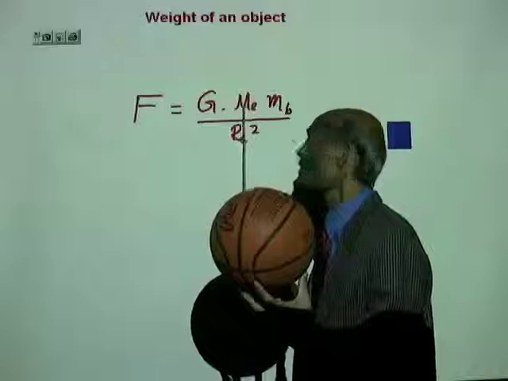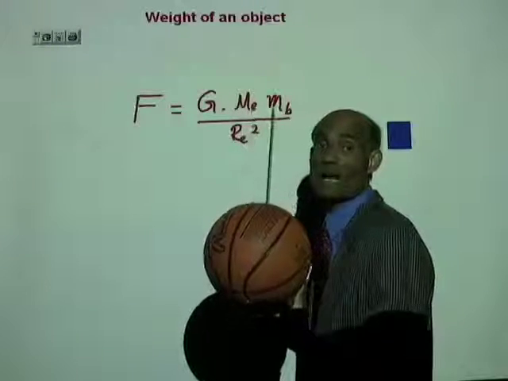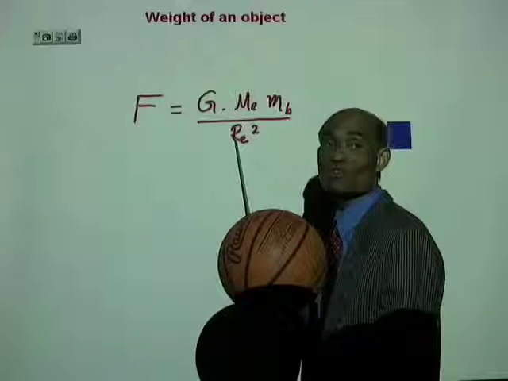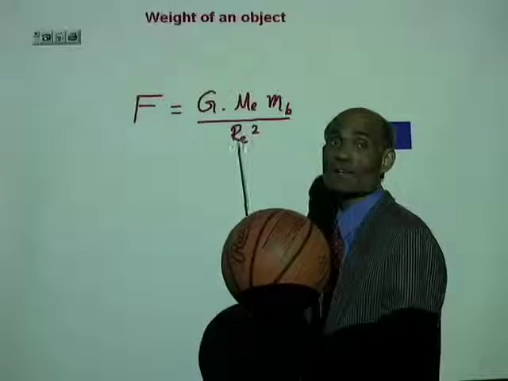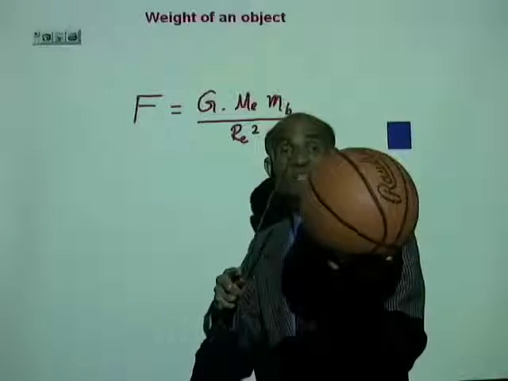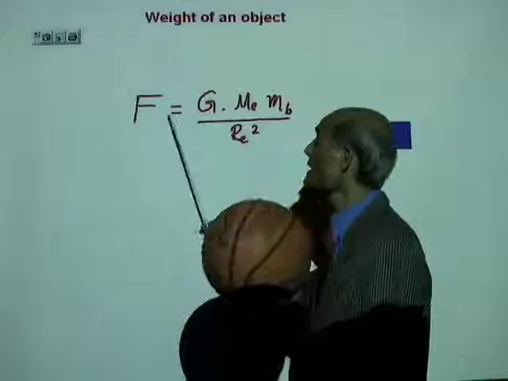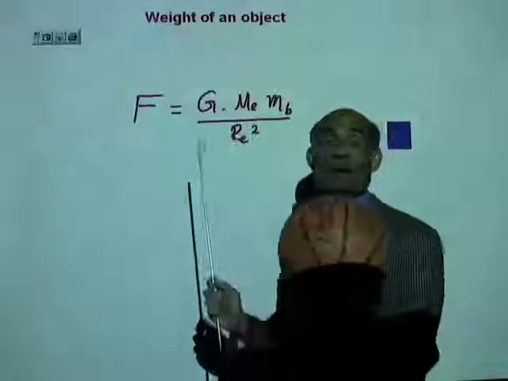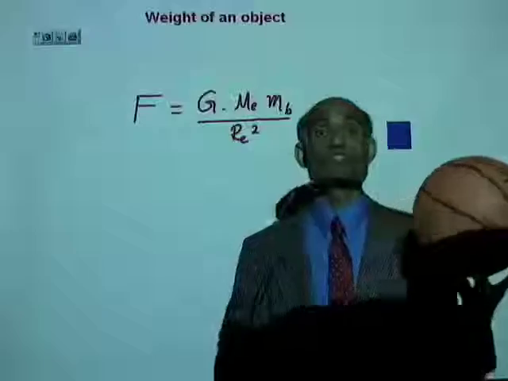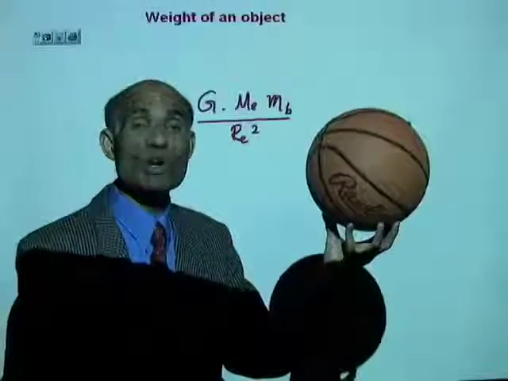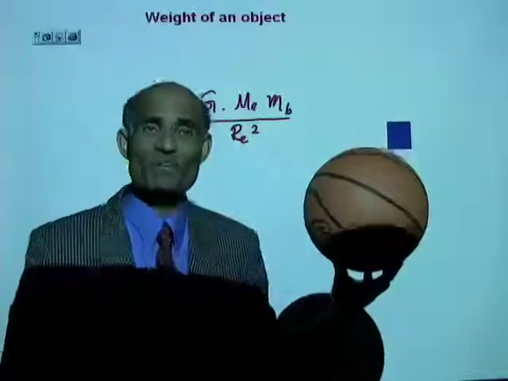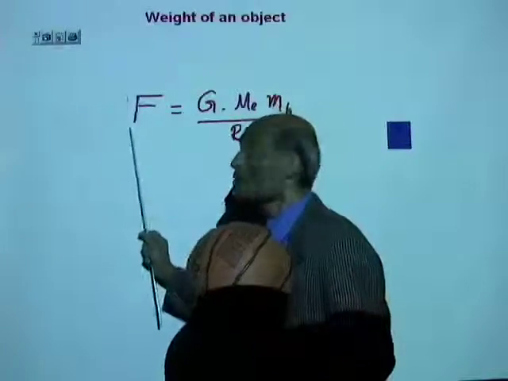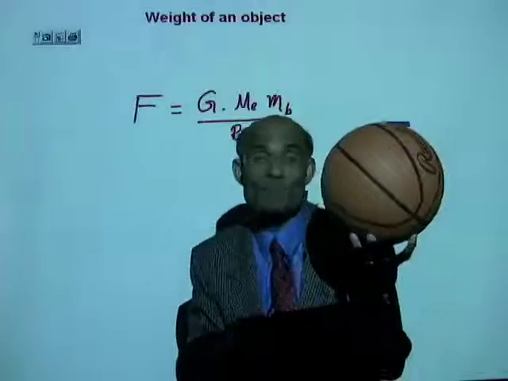If the mass of the earth I write as m sub e, and the mass of the basketball is m sub b, and the radius of the earth is r sub e, then the force exerted by the earth on this ball is F equal to G m e m b divided by r e squared, where we will assume that the distance between this ball and the center of the earth is the radius of the earth. Is it okay, that assumption? That's correct. Well, and this force is what we call the weight of this basketball.